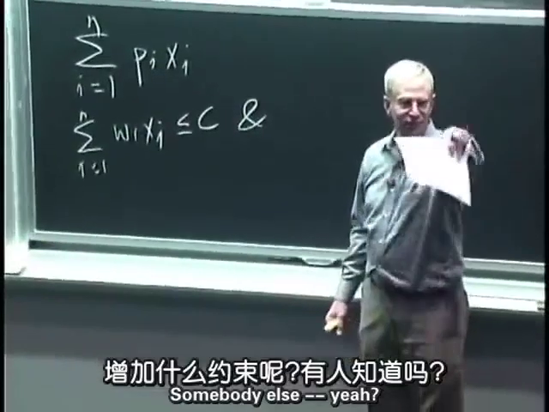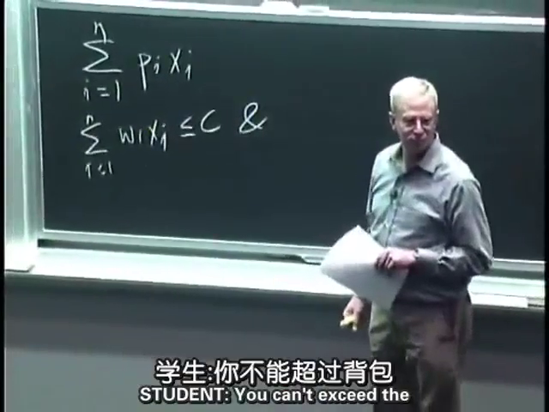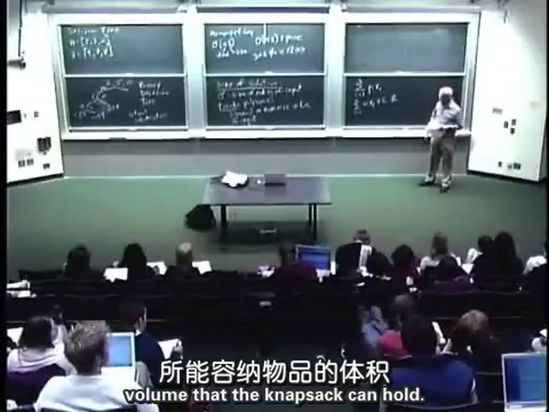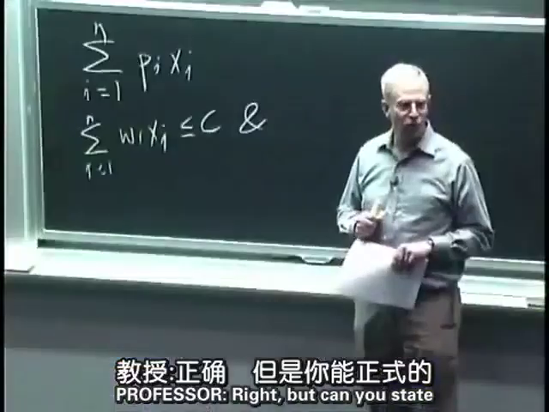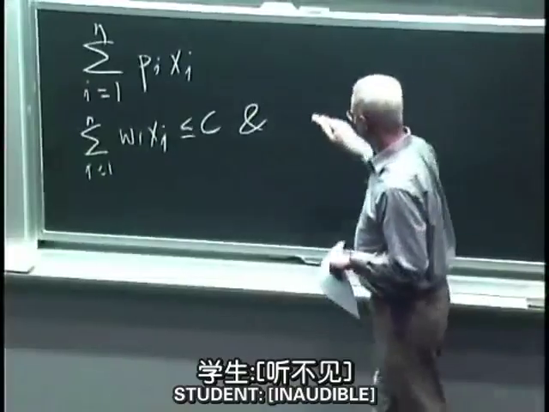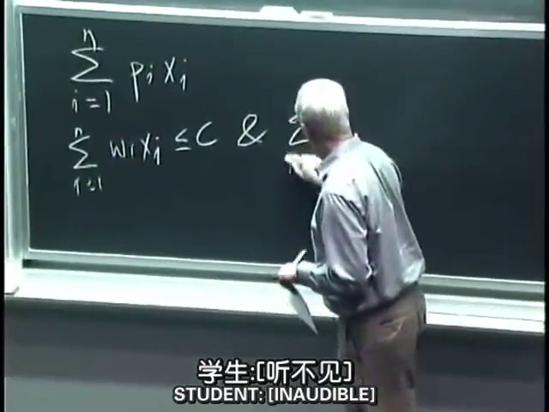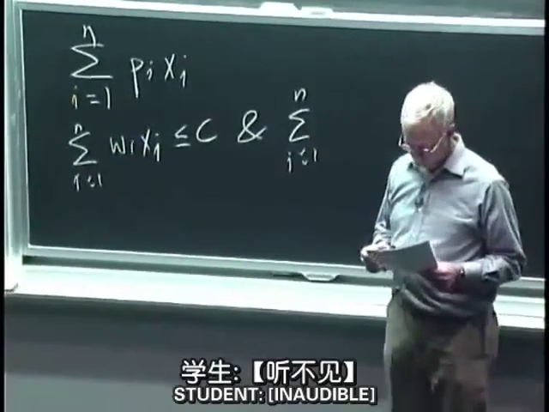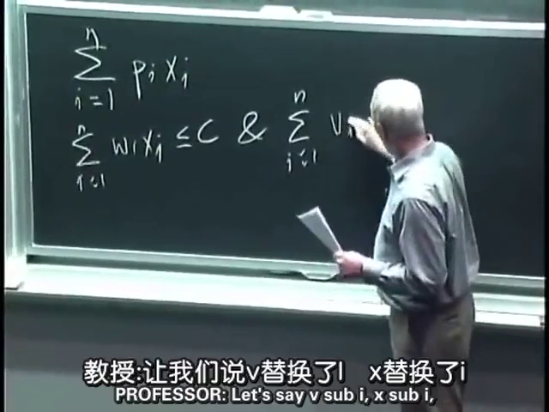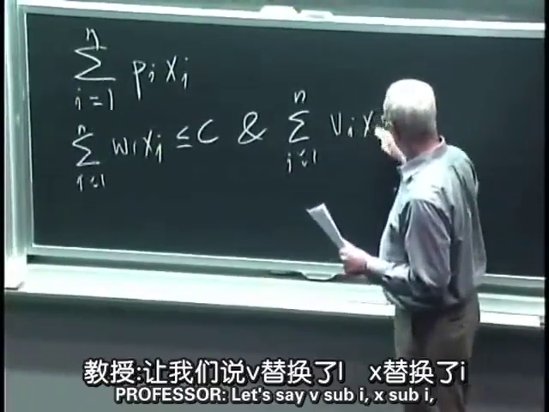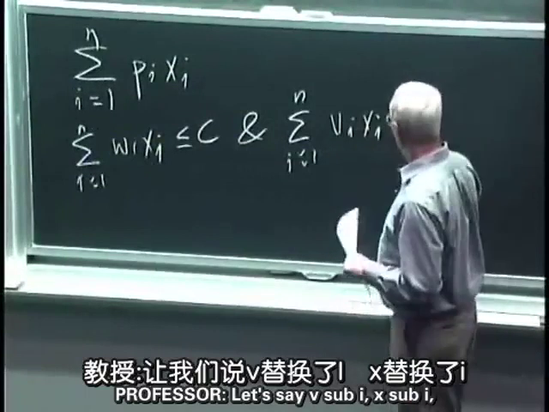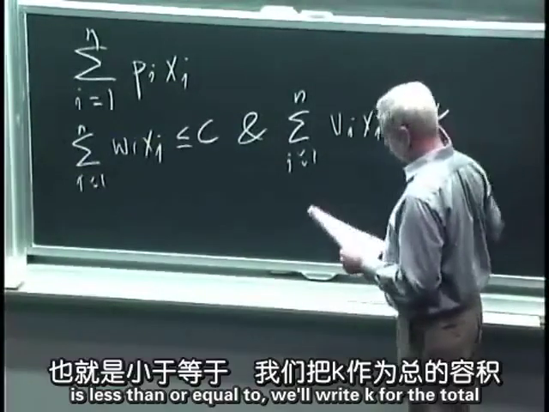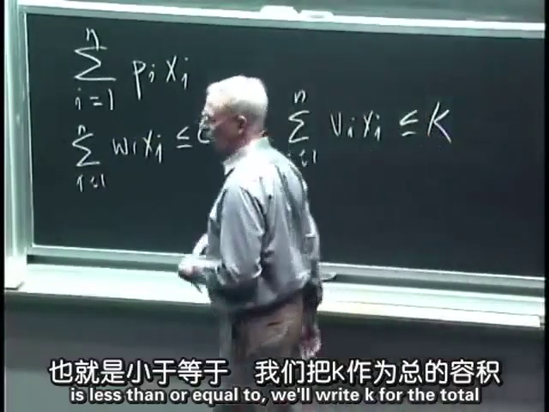Somebody else. Yeah? You can't exceed the volume that's in that side. Right, but can you state it in this kind of formal way? Sum from i equals 1 to n. Whatever you use for volume, let's say v sub i, x sub i, is less than or equal to, we'll write k for the total allowable volume.